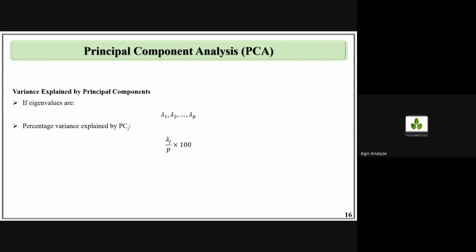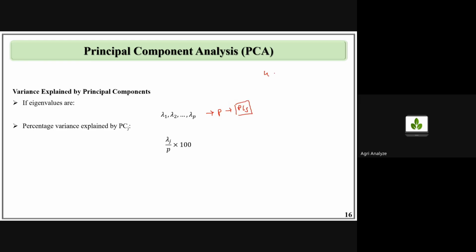Now, variance explained by principal components. If the eigenvalues are lambda 1, lambda 2, up to lambda p, this is the eigenvalue for p components.